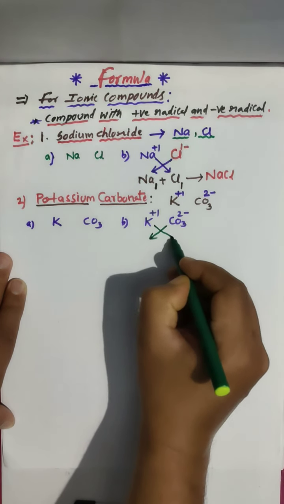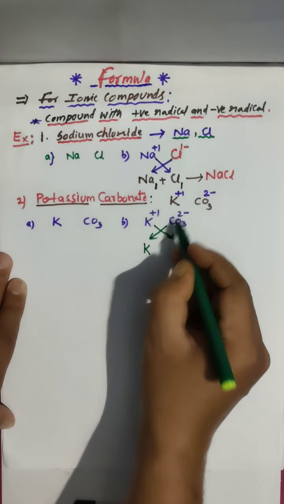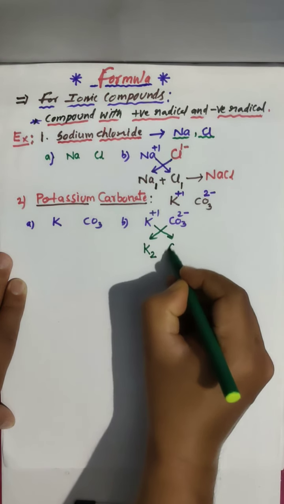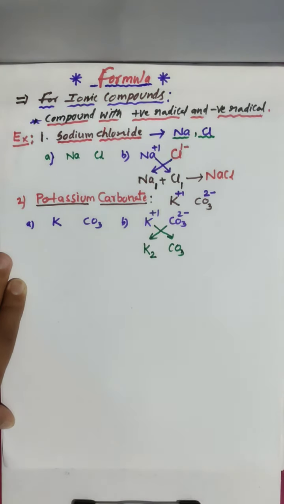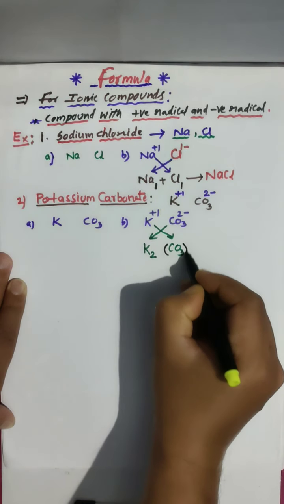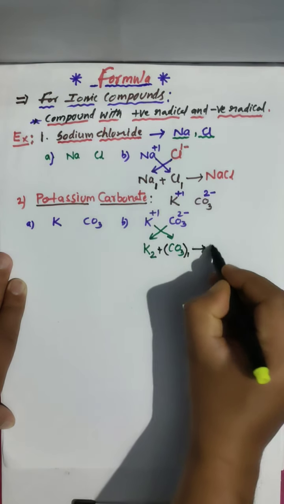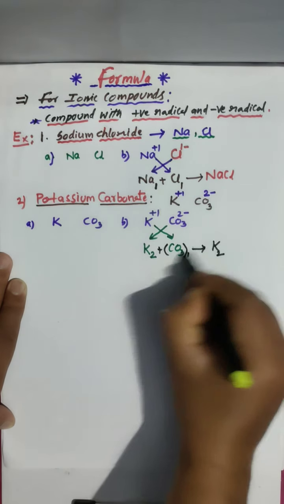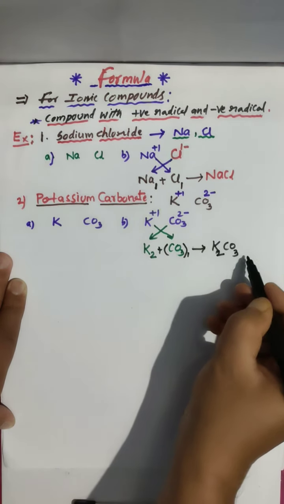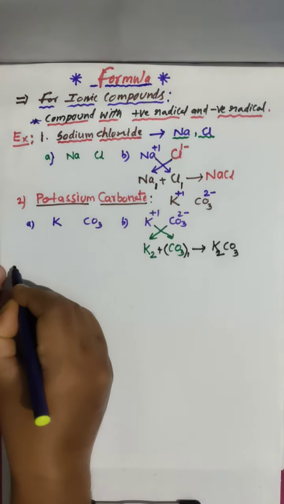So we have K here, this charge 2, we should not write minus or plus, and this is carbonate CO3, and here how much do we have? 1. So taken one time. Now I add these two, giving rise to K2CO3. 1 no need to write. This is potassium carbonate.